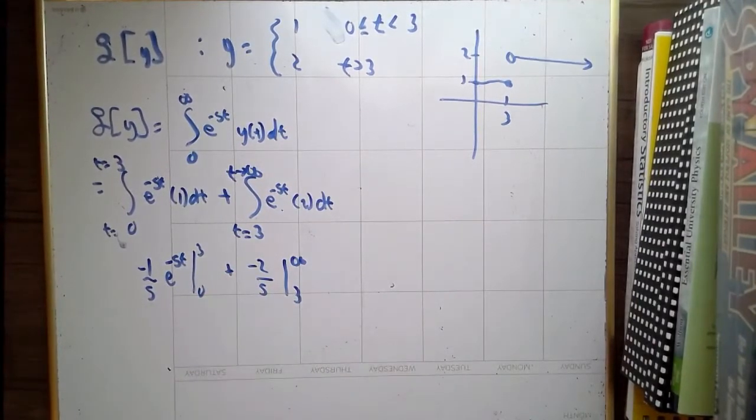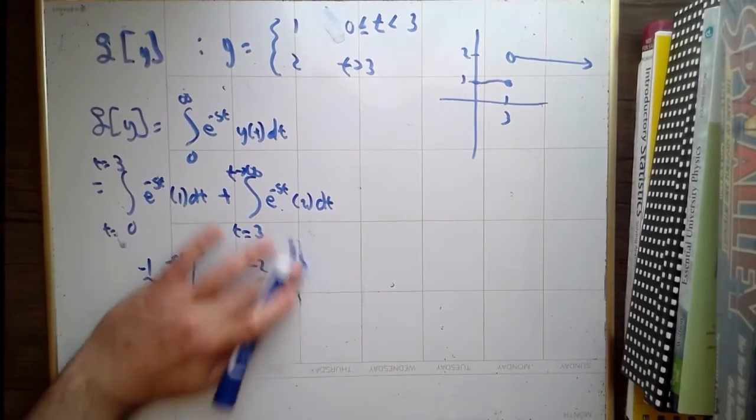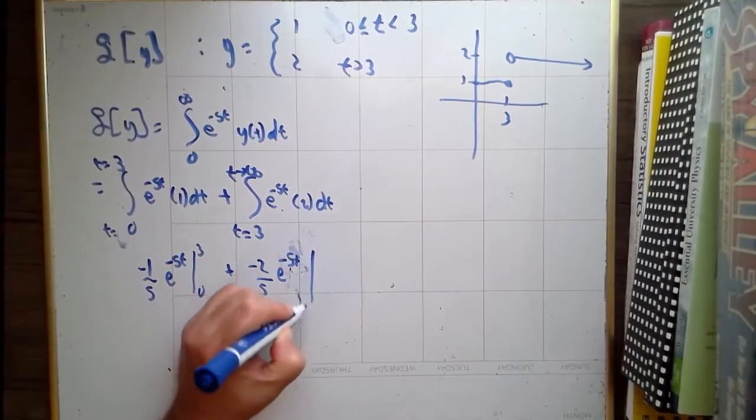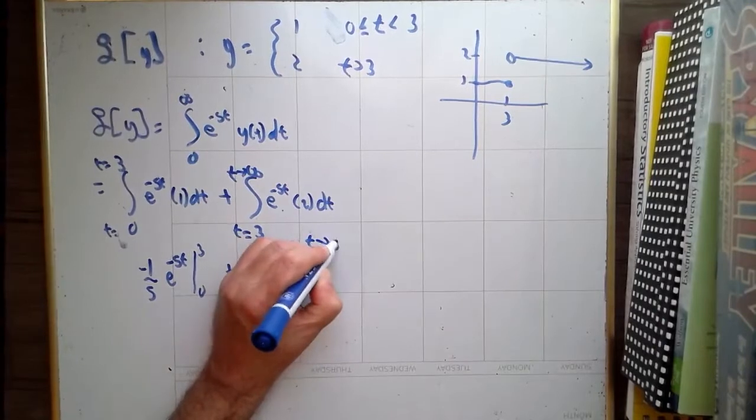And remember, we know that really means the limit, oh, I forgot my e to the negative st. E to the negative st, evaluated from t equals 3 to t approaches infinity.